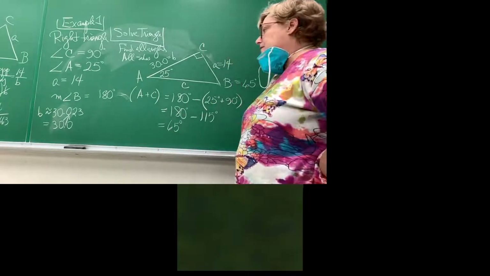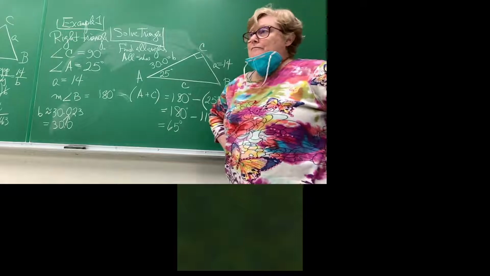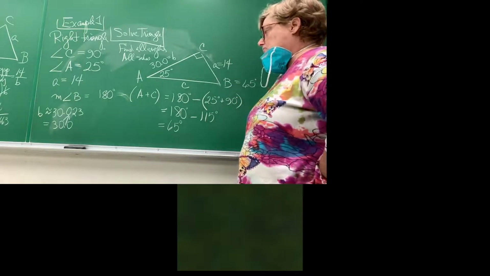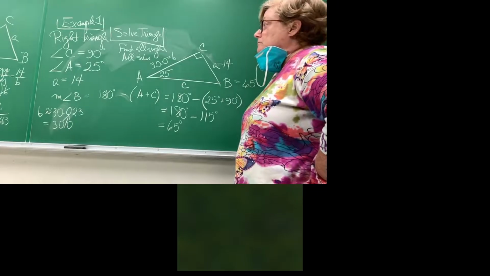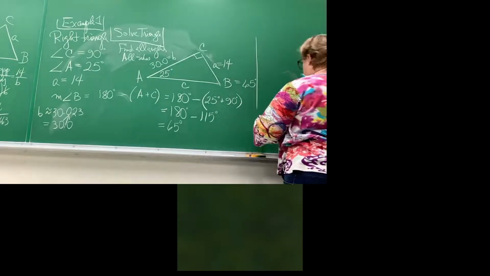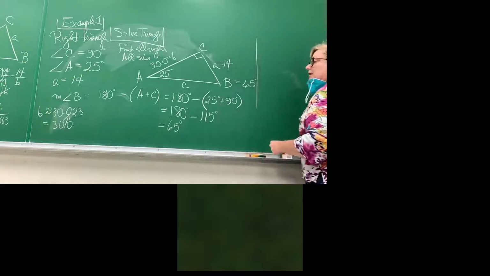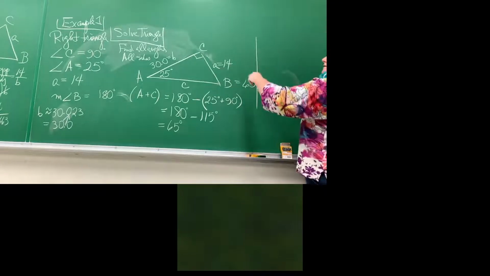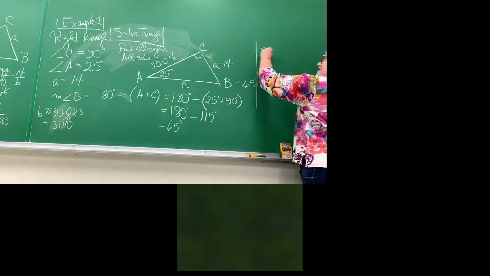And now what do we need to do? Find c. Okay, how do you want to find c? Use the same angle and the same small side. So what trig function did you want to use? You're going to use sine. Good.